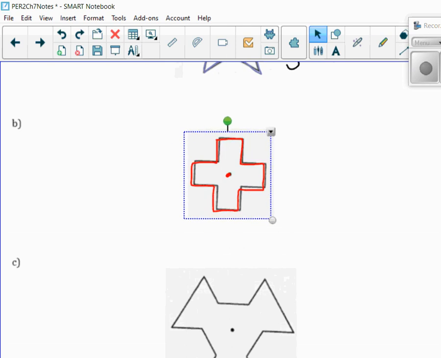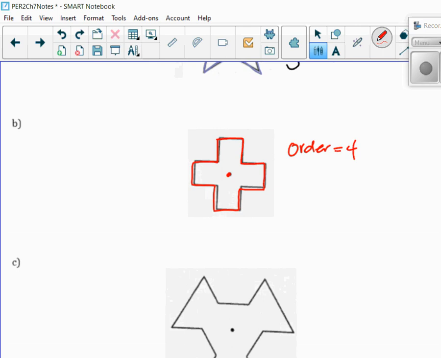This one worked way better for rotating. So I had 4 turns, so that means my order equals 4. And if I want to figure out the degrees of rotation, I take 360 and divide by the order, and I get 90 degrees. So each turn represents 90 degrees.